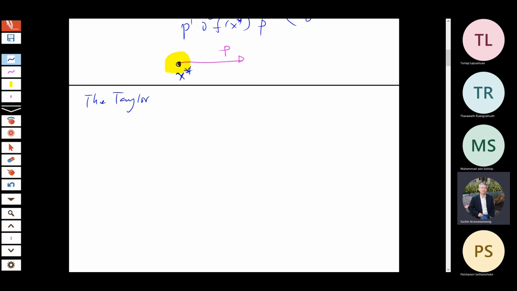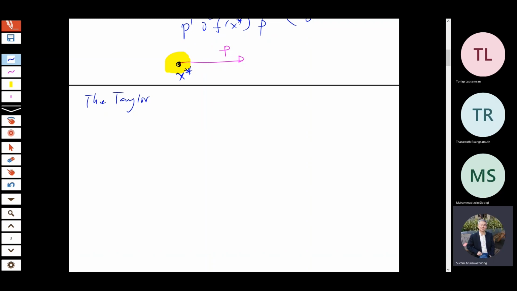Why do we use Taylor's expansion? Because x star is a local minimizer, we will look at how the objective function f behaves in the vicinity, in a small region around a local minimizer, around the point x star.